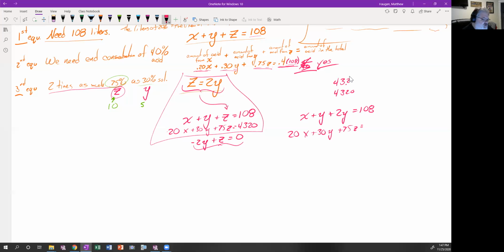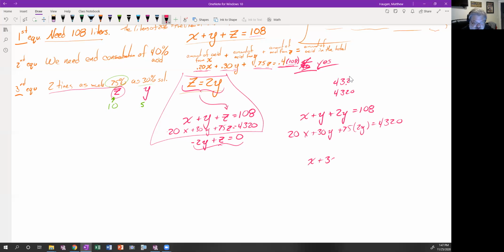Oops, 75z. Well, that z is 2y. So times 2y equals 4,320. But that's just too nice to pass up. If the substitution just wants to be this polite, take advantage of it.